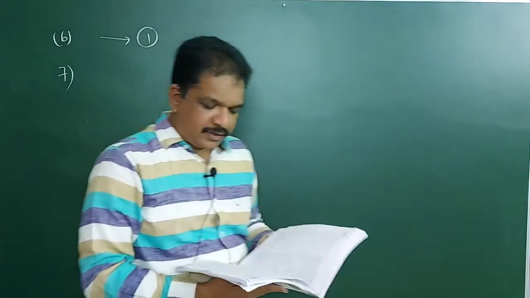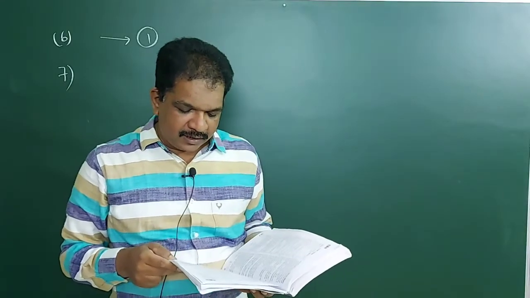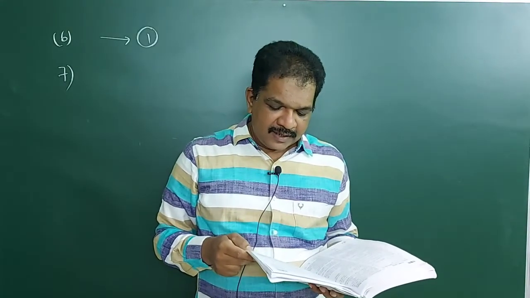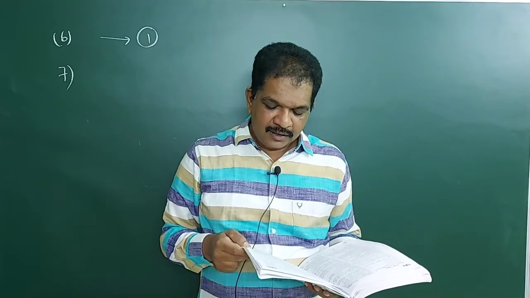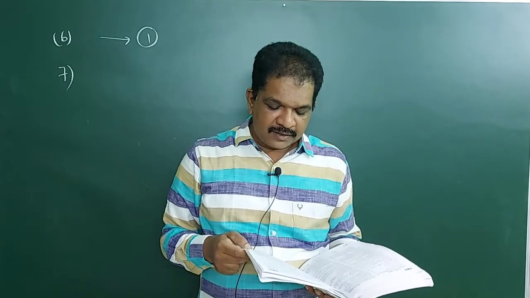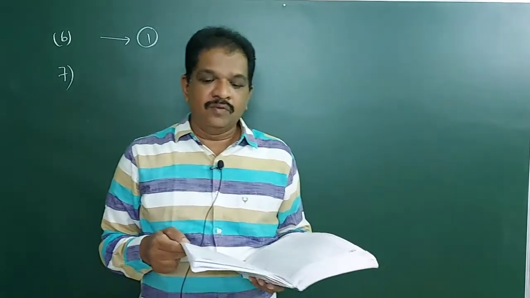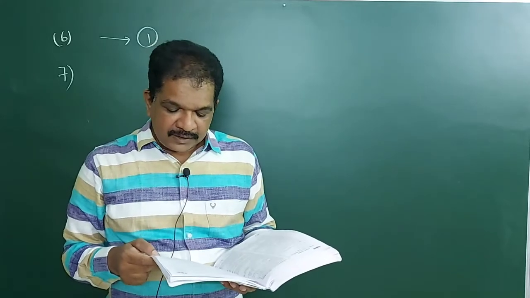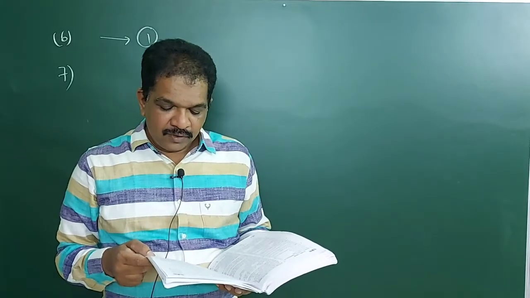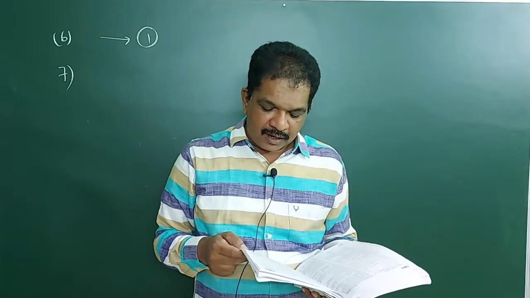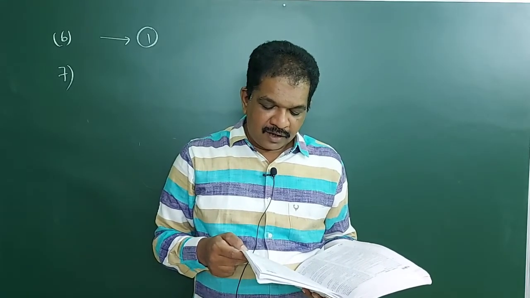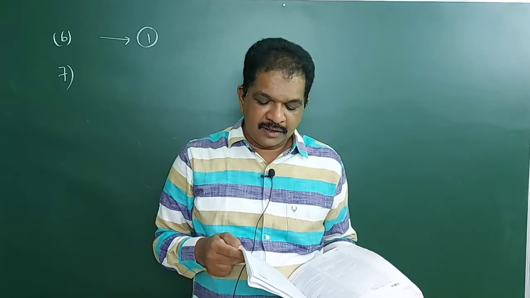Seventh, what they are asking, in hydrogen atom, electron excites from ground state to higher energy state and its orbital velocity is reduced to 1/3 of its initial value. Radius of the orbit in the ground state is r. Radius of the orbit in the higher energy state is?